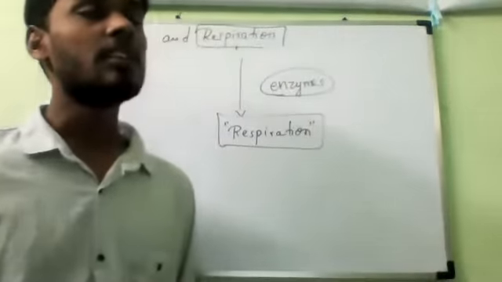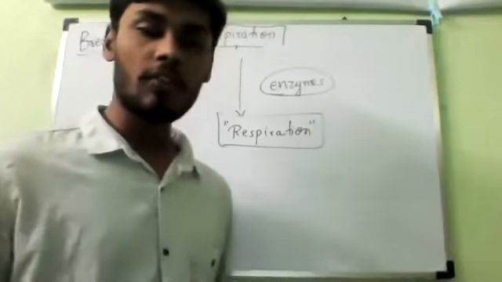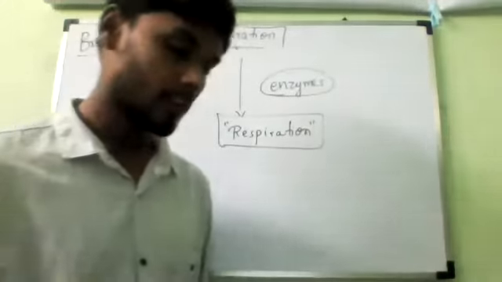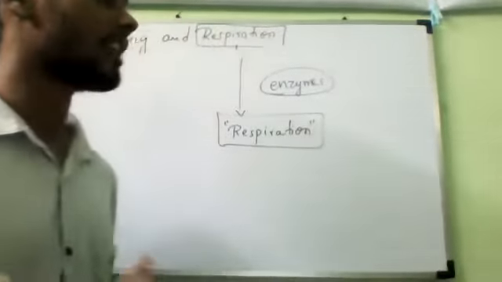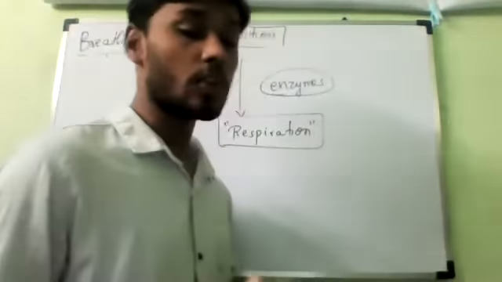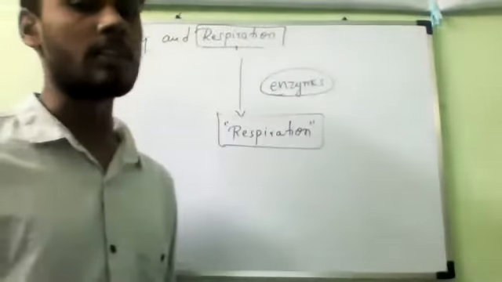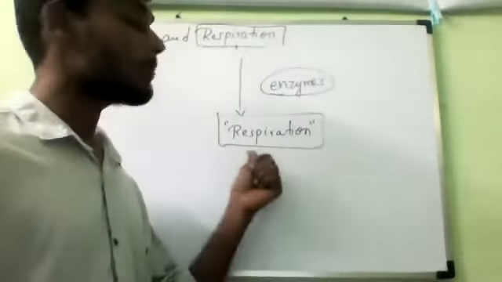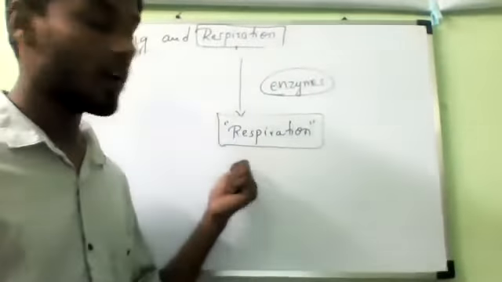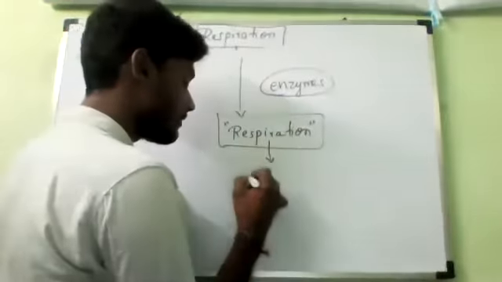What is the second use of releasing energy? One is life process. Next one? For growth and repair of the body. Repairing of body cells. The main purpose of respiration is the release of energy.